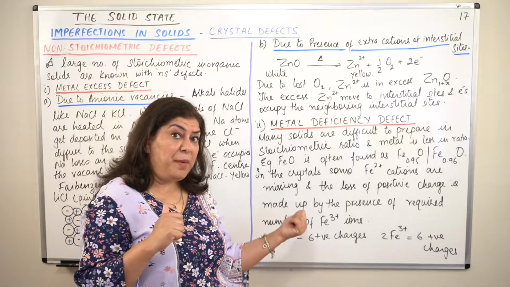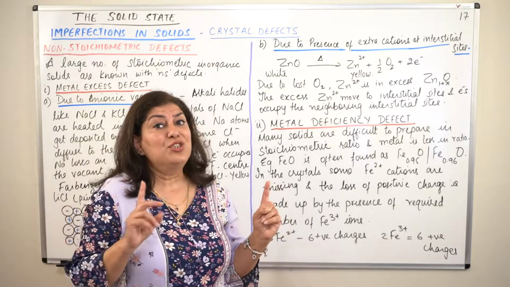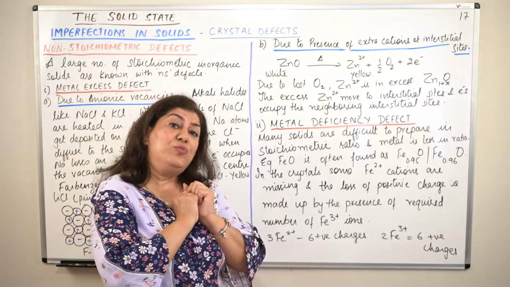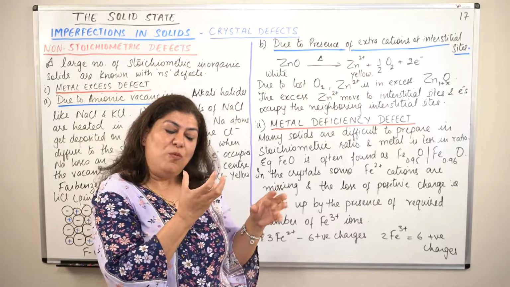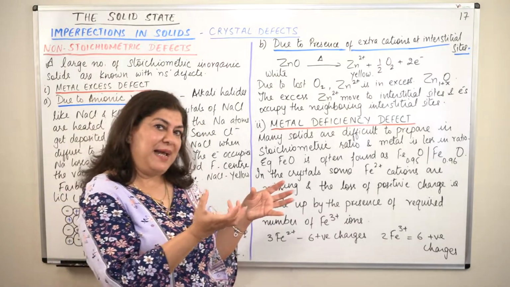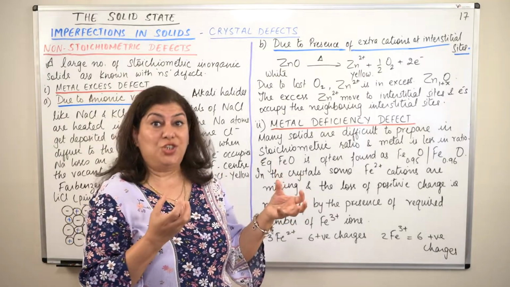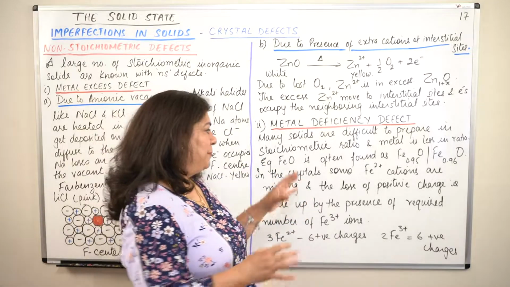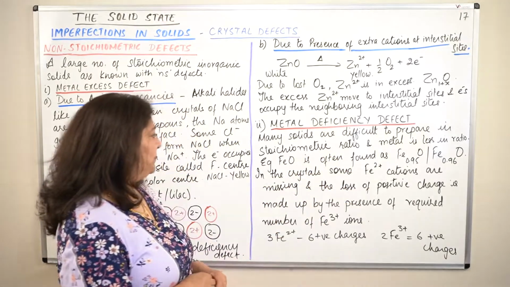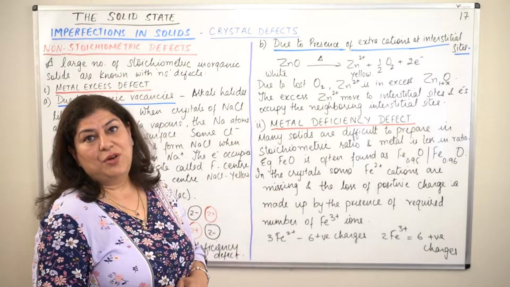But again, remember, electrical neutrality has to be maintained. So who is going to maintain the electrical neutrality? Whatever metal atoms are present in the form of cations, they change their charge. I'll give you an example here. For example, ferrous oxide.